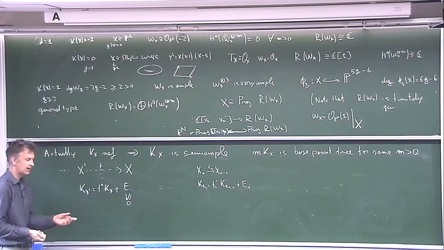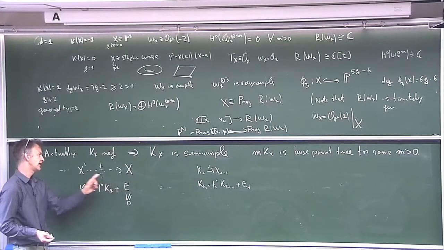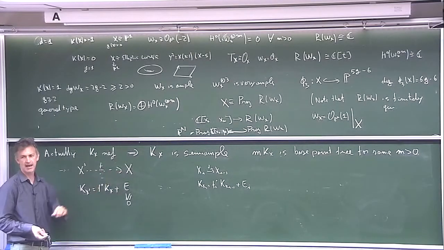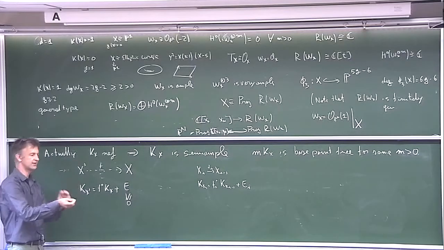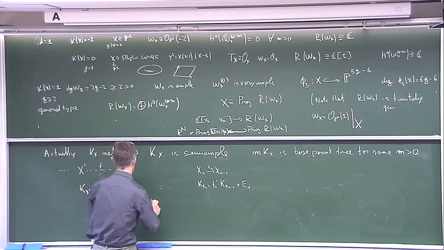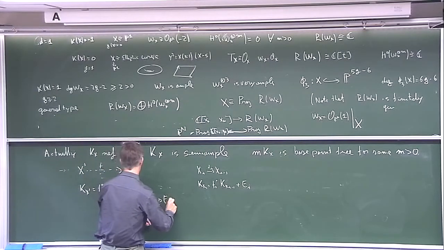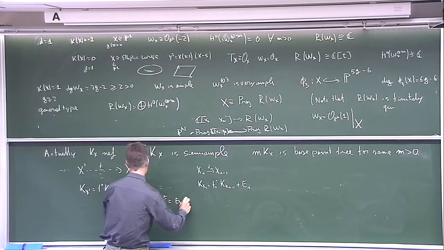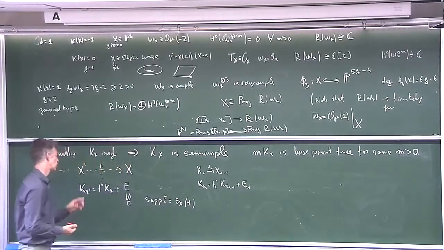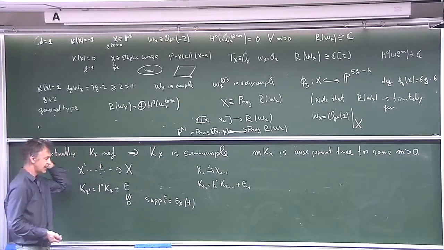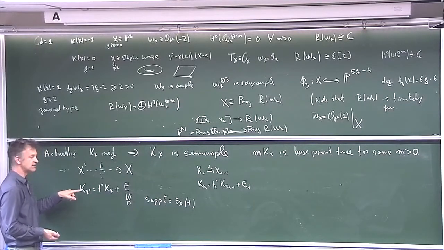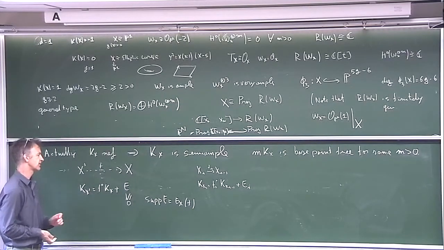This is some effective divisor whose support is the exceptional set of this map. Every time you blow up a point, you're adding the exceptional curve. So support of E is equal to the exceptional set of f. So what's the minimal model doing? It's actually just getting rid of the base locus, the stable base locus of K_X'.